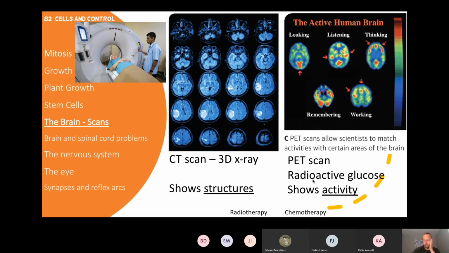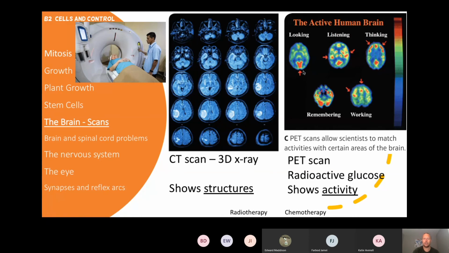So what you would do is you would get somebody. If someone comes into the hospital with eye problems, they can't see properly, you're thinking, is it a problem with the eyes or is it a problem with the brain? So you can do a PET scan. You can give them some of this radioactive glucose, and you can make them look at stuff. And then you can analyze the PET scan.